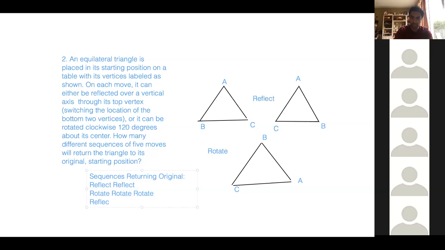Reflect, reflect, rotate, rotate, rotate. Good, yep. You could also switch it and do rotate, rotate, rotate, reflect, reflect. Good. So we have 2 combinations now. Is there anything other than that?